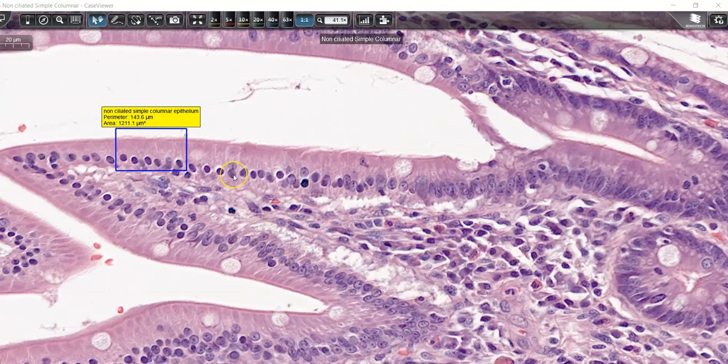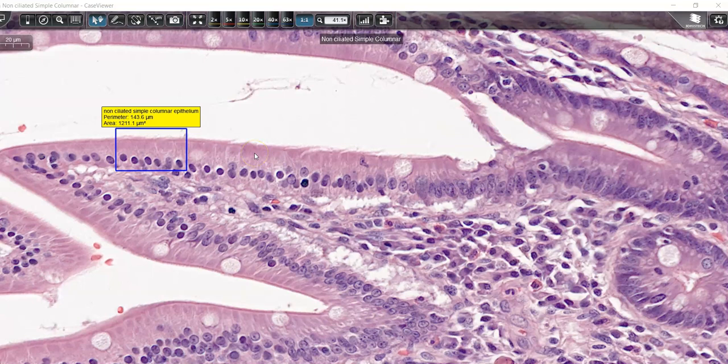So again, please bear in mind the histological feature that distinguishes between the epithelial fold of gallbladder and the epithelial fold lining the lumen of duodenum is the presence of goblet cells in the epithelial fold of duodenum that is not present in the epithelial fold of gallbladder.